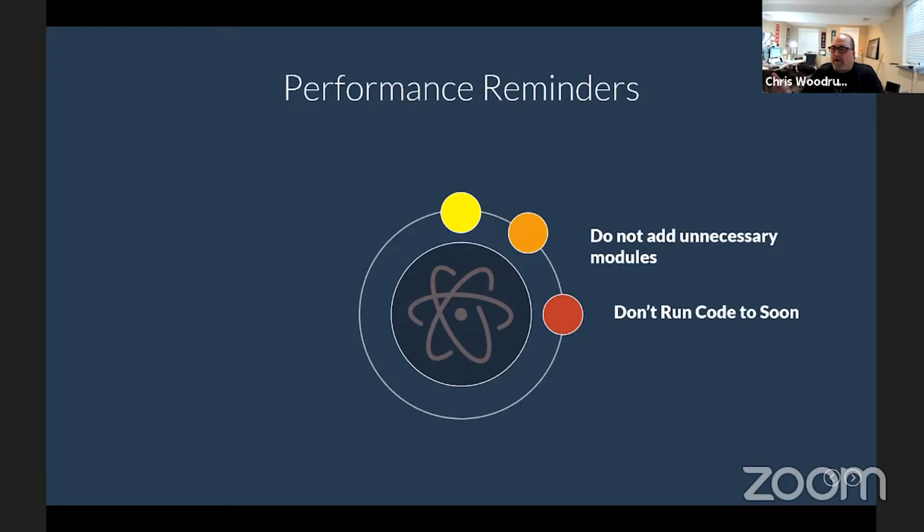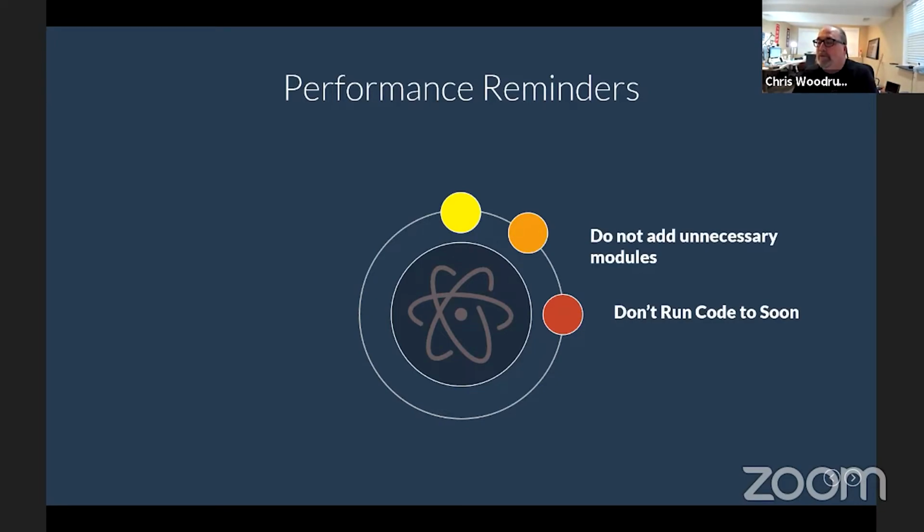The other thing is don't run code too soon. Don't run code that doesn't need to be run in the beginning. If you come from the Windows world, and I'm an old time Windows person, we used to run a lot of code in the beginning, for good or for bad. And so our applications took a while.